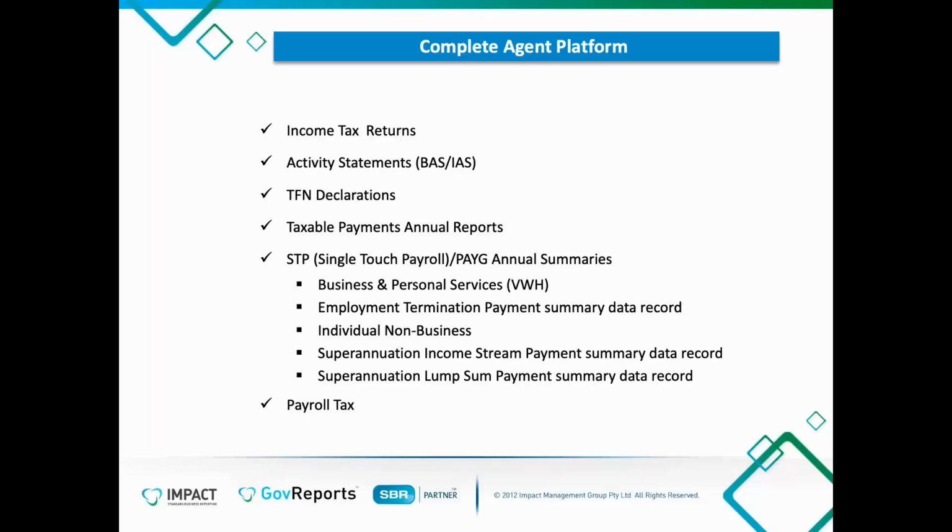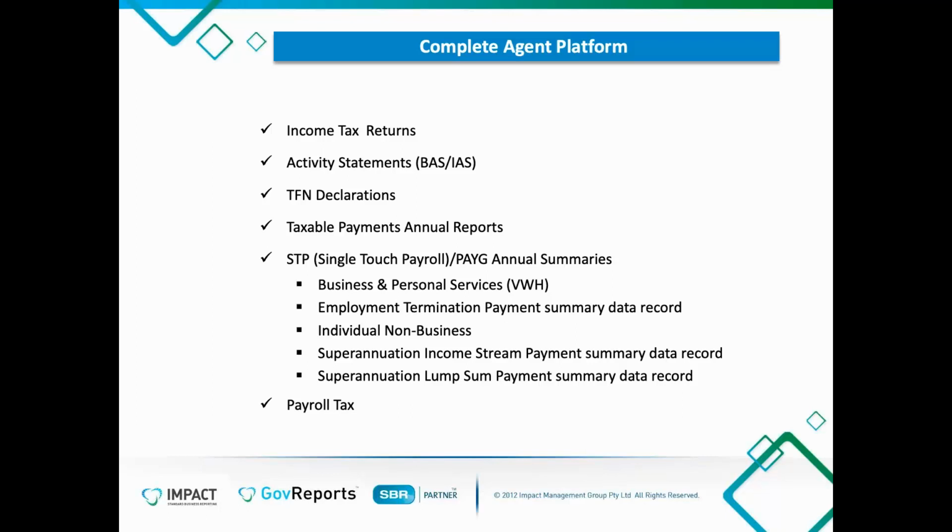GovReports is the complete agents platform. As I am a BAS agent, I'm not sure that I've necessarily got all the technology correct for any accountant out there, but the team at GovReports can inform you if I haven't included something that's important to you.